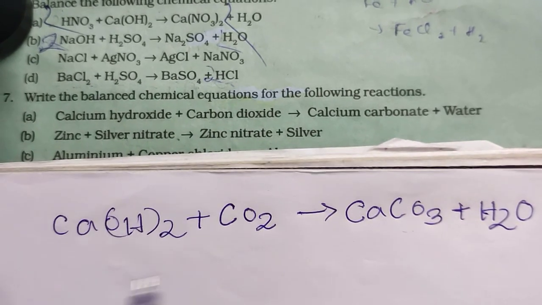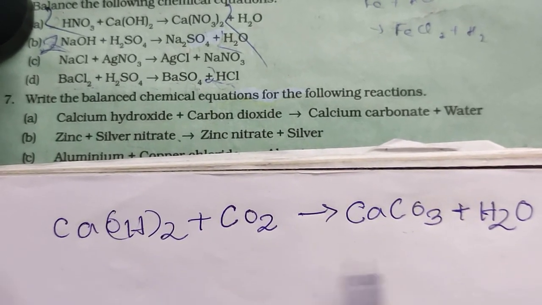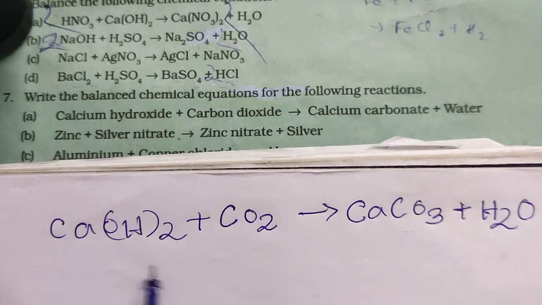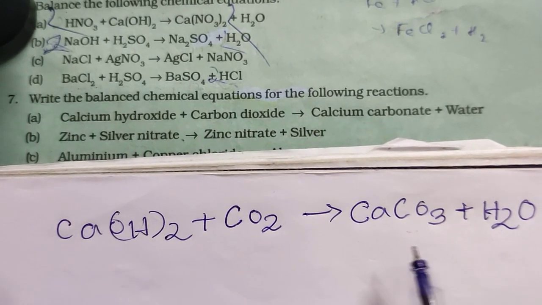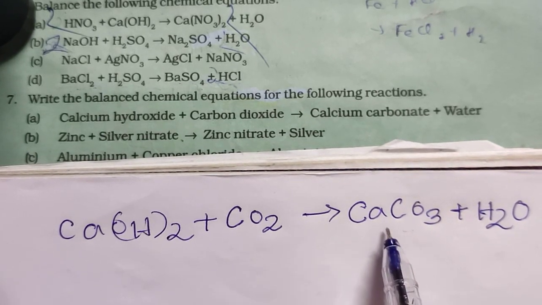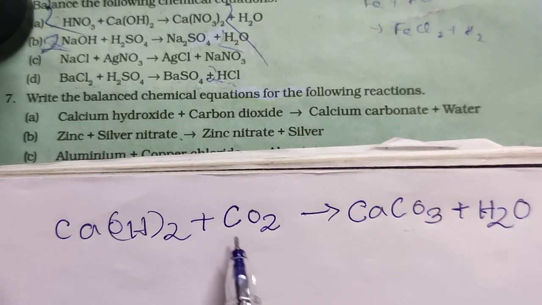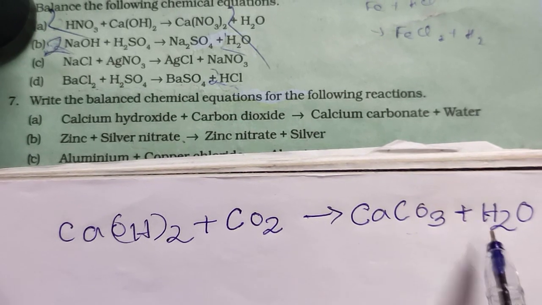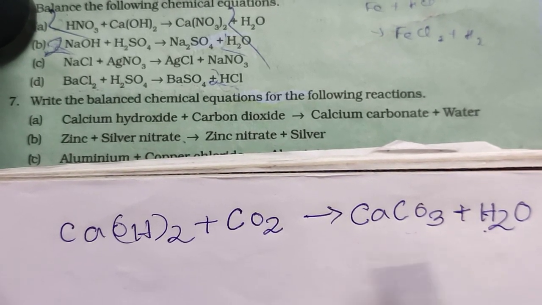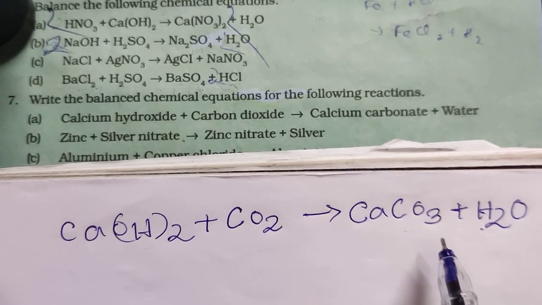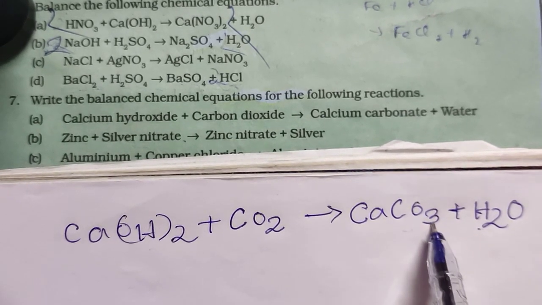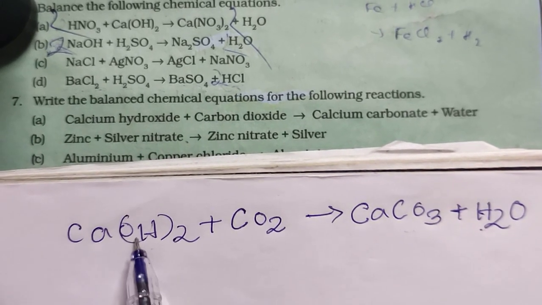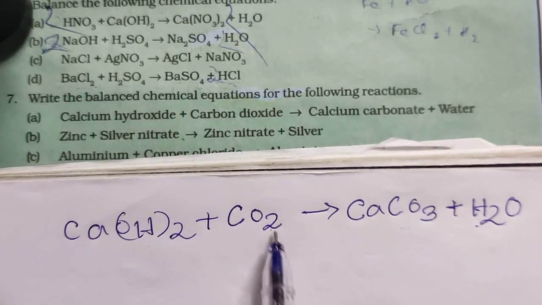Next, see the numbers of atoms on both sides. The number of calcium atoms on the reactant side is 1, and on the product side it is also 1. Next, the number of hydrogen atoms is 2 here, and here also 2, and then the number of oxygen atoms is 3 plus 1, 4, here 2 plus 2, 4.